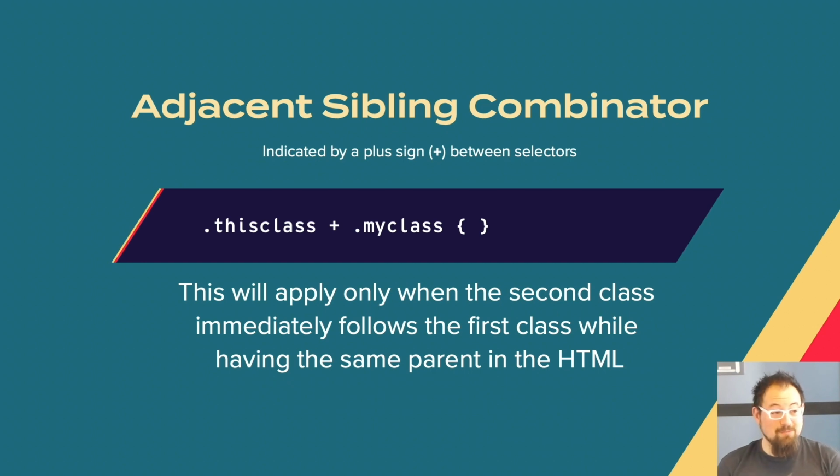The way that I use this the most often is with a list item, typically. So if I have li plus li, I will apply the styles to the second li. And then if I have a list, what this allows me to do very quickly is to apply a specific style to everything but the first li, essentially. There are other ways to write that same thing. I just find this to be more fun.